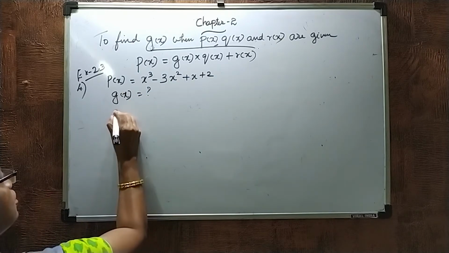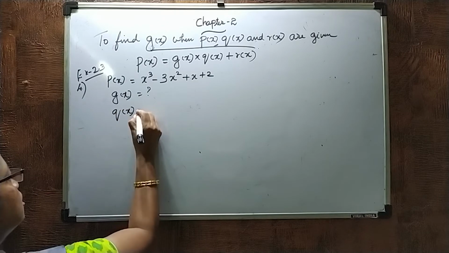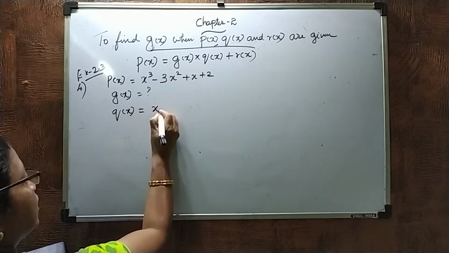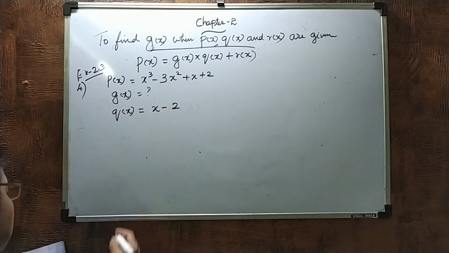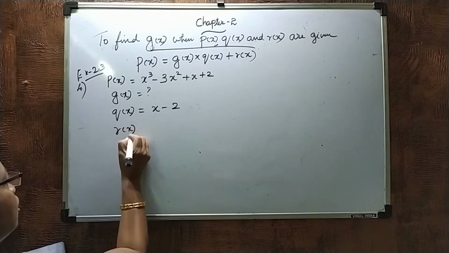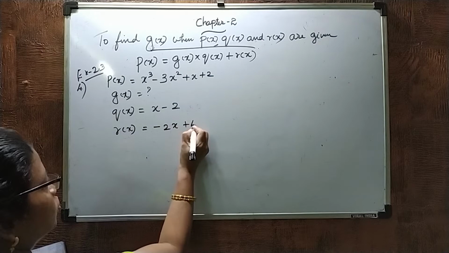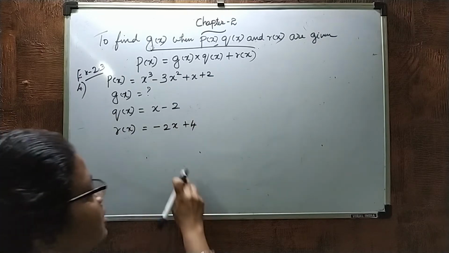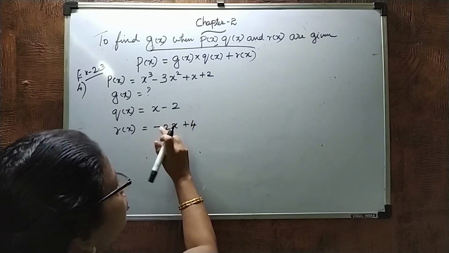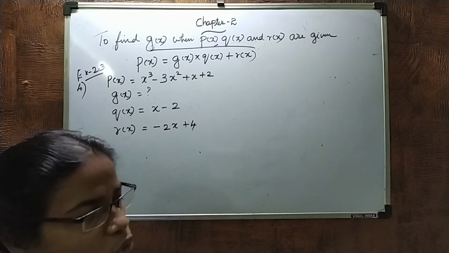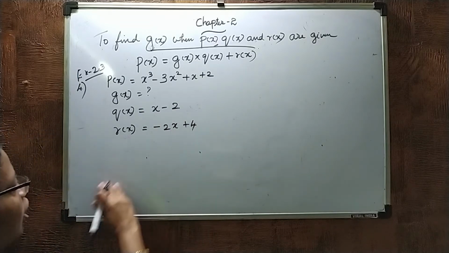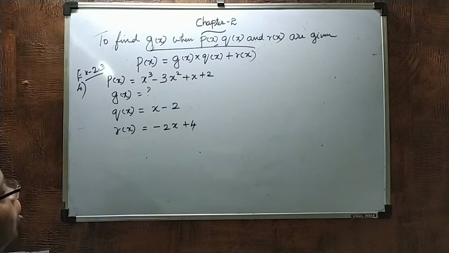Then q of x is equal to x minus 2 and r of x is equal to negative 2x plus 4. You have to remember this negative is only for this 2x, not for this 4. So next thing, you are going to find out the g of x.